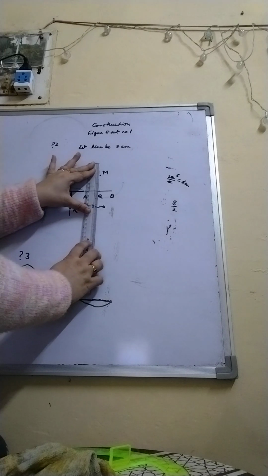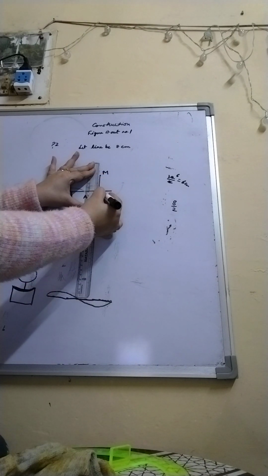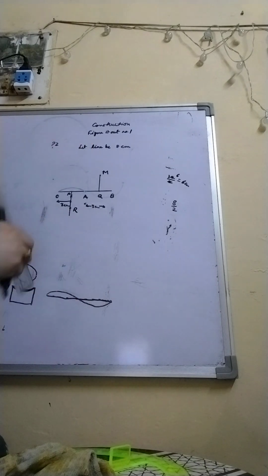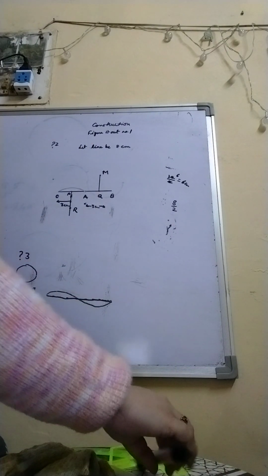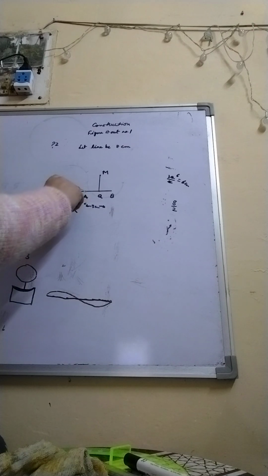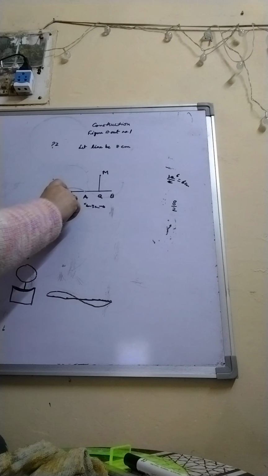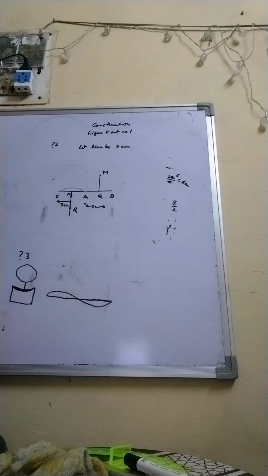If you are getting confused, then draw the line. It's okay to draw the line. You have to finally get the wave. So this distance should be equal. The distance that you have taken below the line, here the radius.